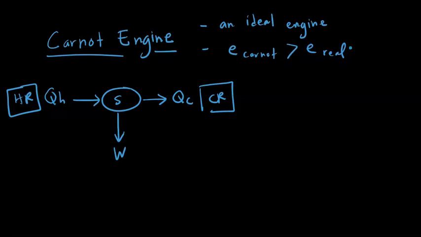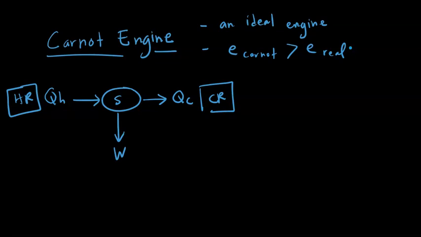The efficiency for an ideal engine should obviously be better than the efficiency of a real engine, because a real engine works in real life scenarios and it is not an ideal case. So the efficiency of a Carnot engine must be greater. Okay, but the operation is still an engine.